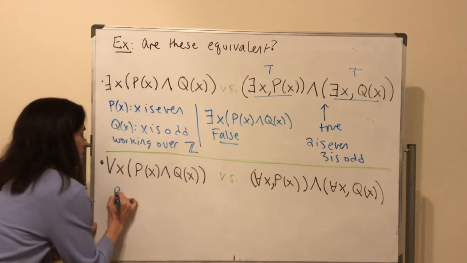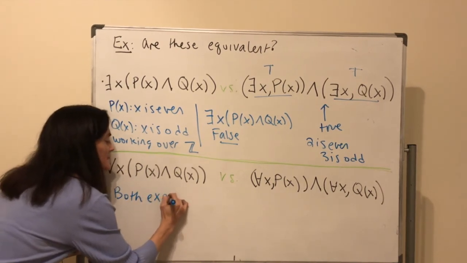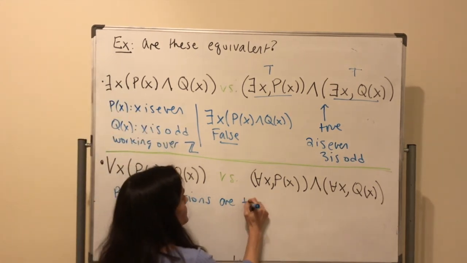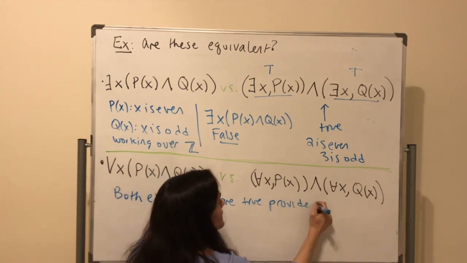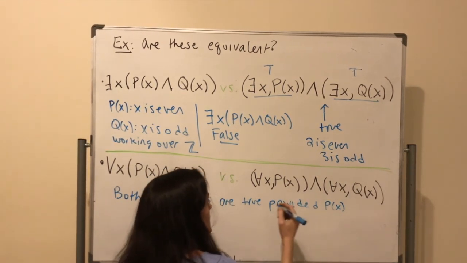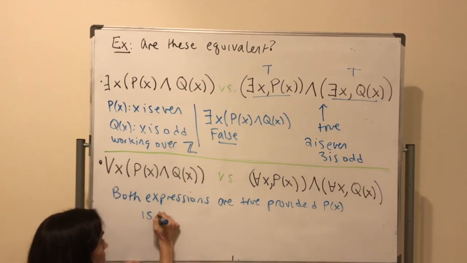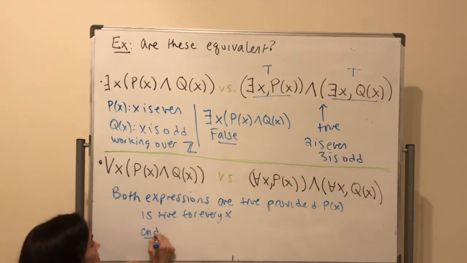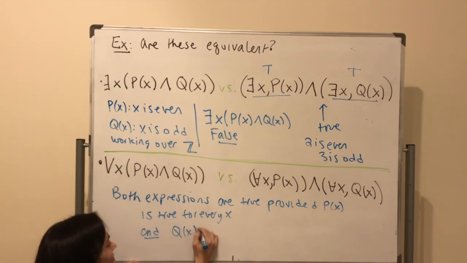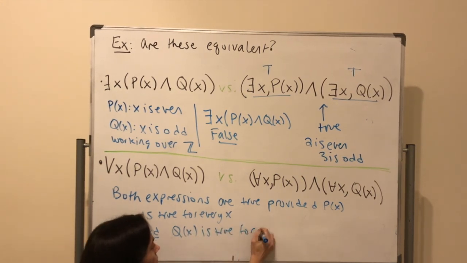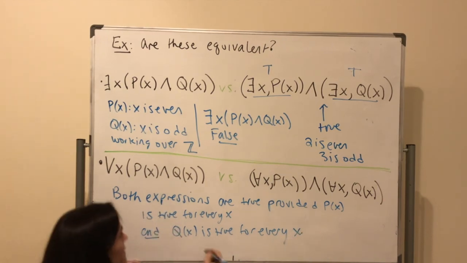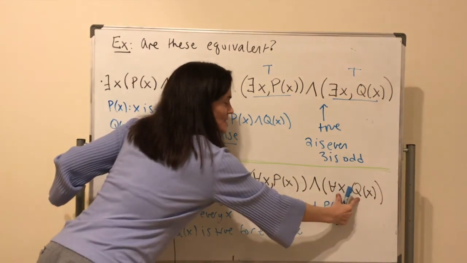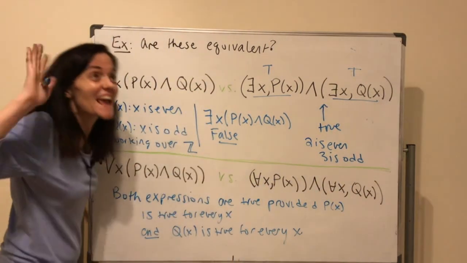Both of these expressions are true provided P of x is true for every x and Q of x is true for every x. Because this would say P of x is true for every x. This says Q of x is true for every x. Then we have an and, so we need both of them.